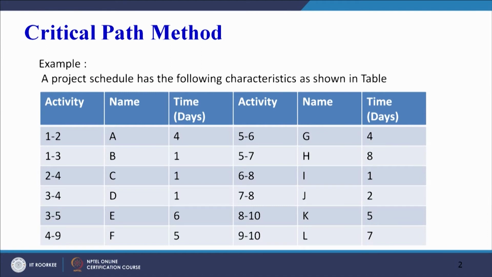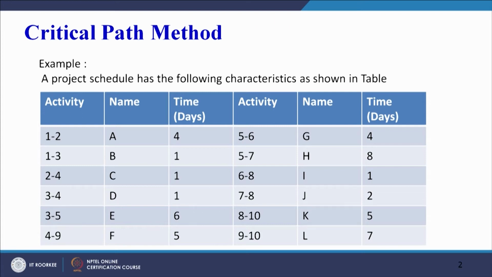Similarly, we see that there are 12 activities here: 1, 2, 1, 3, 2, 4, 3, 4, 3, 5, 4, 9. So A to L, we have 12 different activities. The precedence relationship is not given because the node numbers are already known.